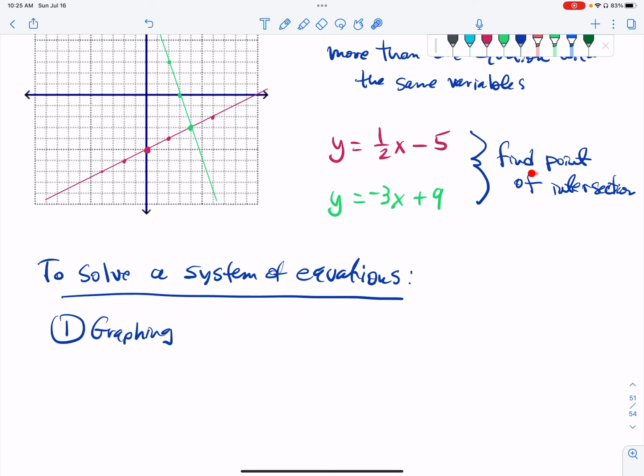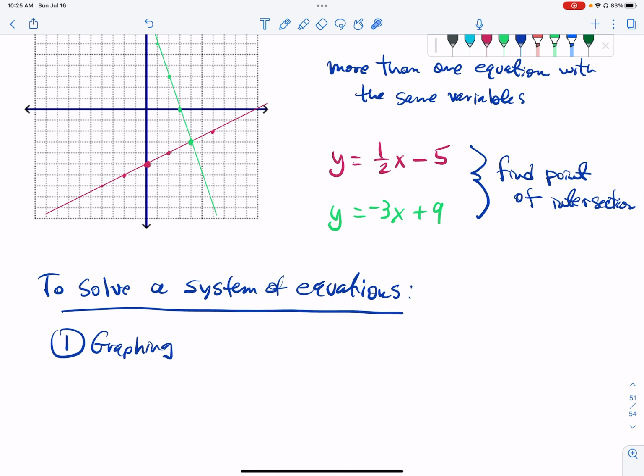As I just said, what that simply means is that you're trying to find the point of intersection. I worked backwards in order to make this system of equations, so we can see exactly what it is right here. It is the point 4, negative 3. So this has the solution 4, negative 3.